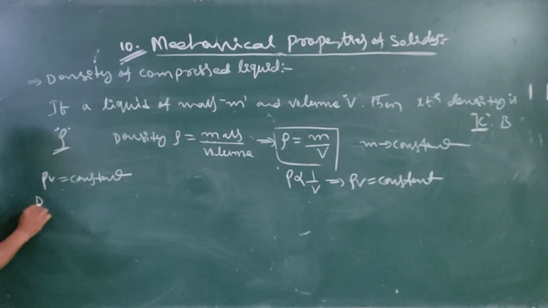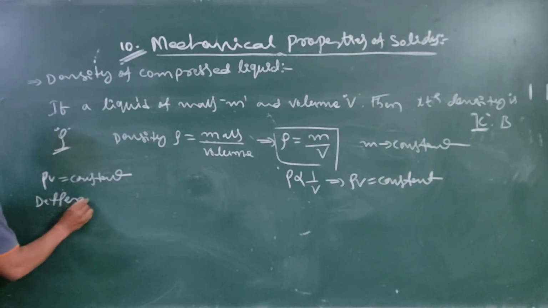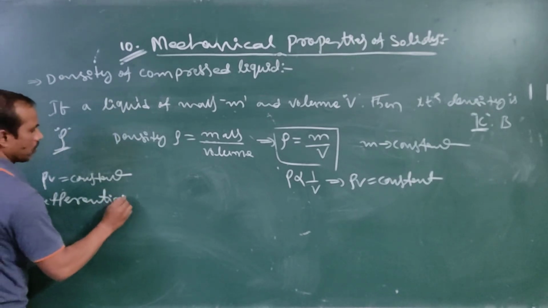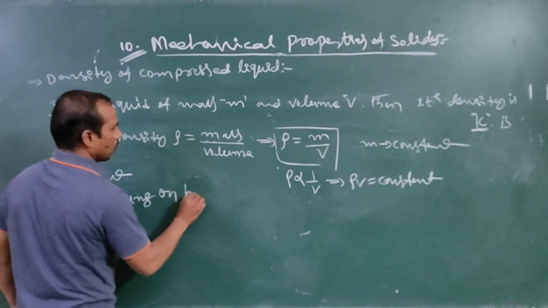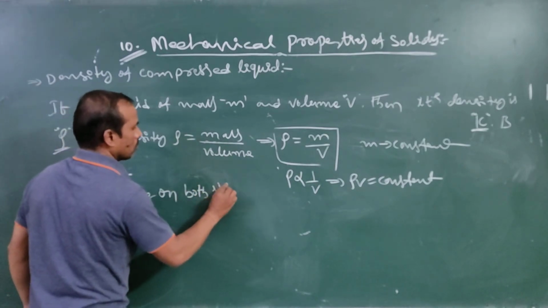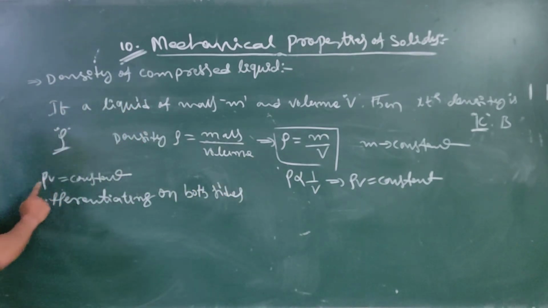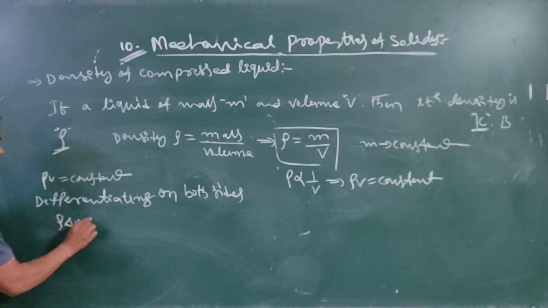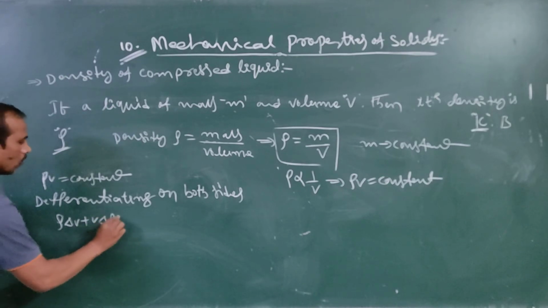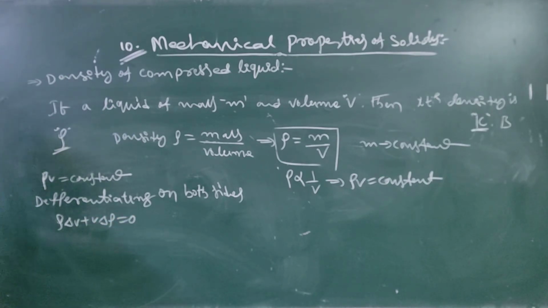Now rho V is equal to constant. So differentiating on both sides, this is equal to rho delta V plus V delta rho is equal to 0.